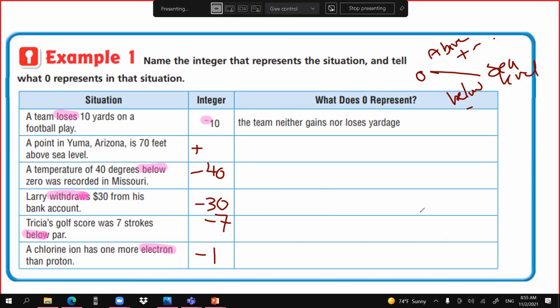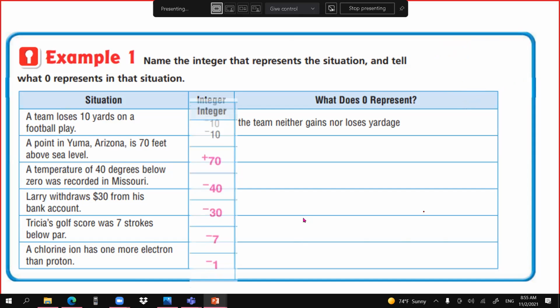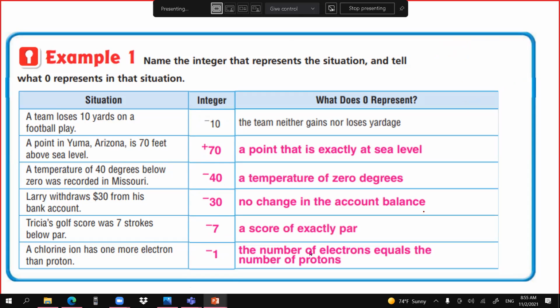Just a minute, I will put it up for you. These are the answers. And now, what does 0 represent? It's extra information: 0 on sea level is the point of the sea level. 0 in degrees is a temperature of 0 degrees. It's like when she takes some money, 0 means there's no change in the account balance.